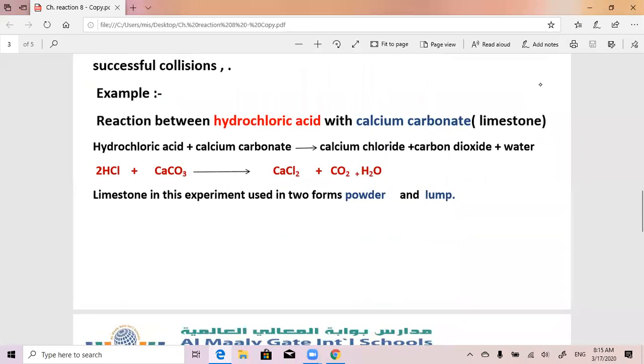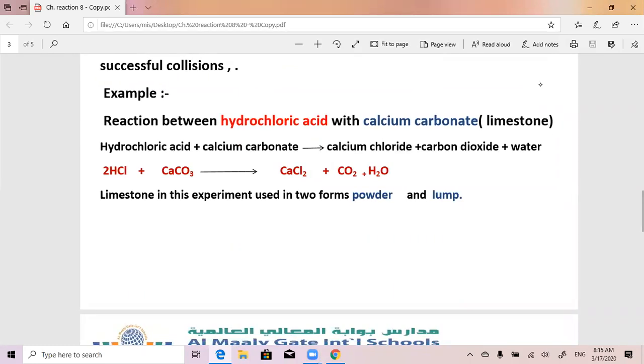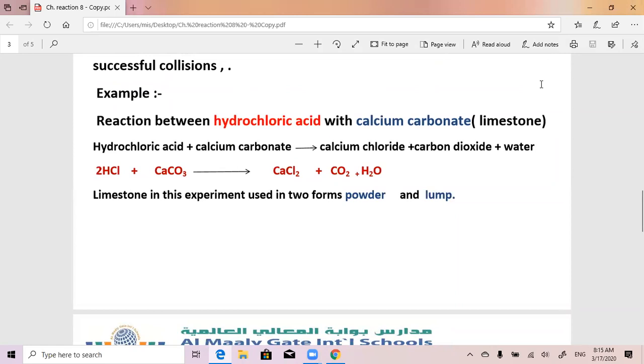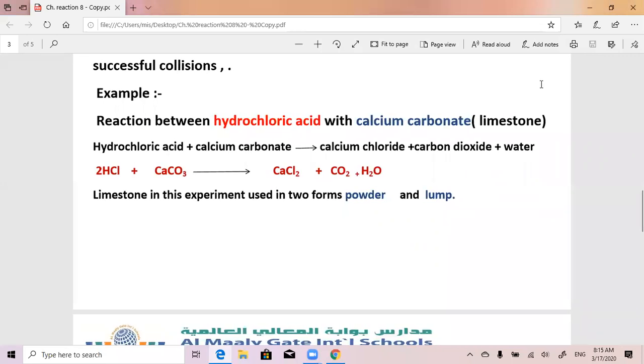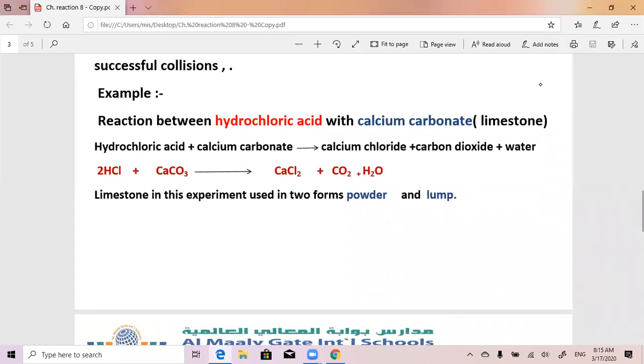So the gas produced from this equation is carbon dioxide. Again, what's the salt here? The salt here is calcium chloride. Gas, carbon dioxide.